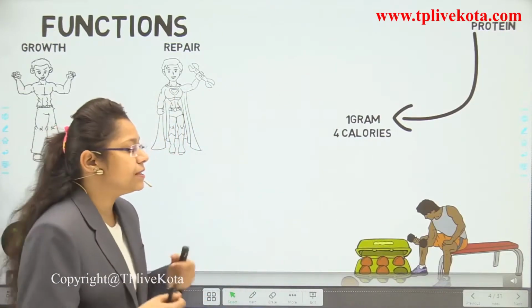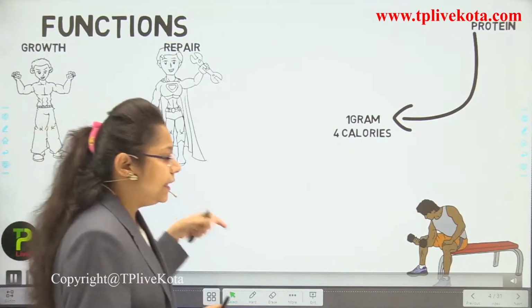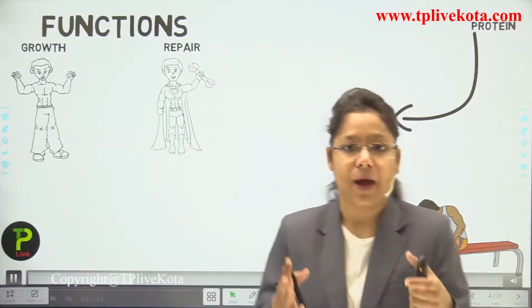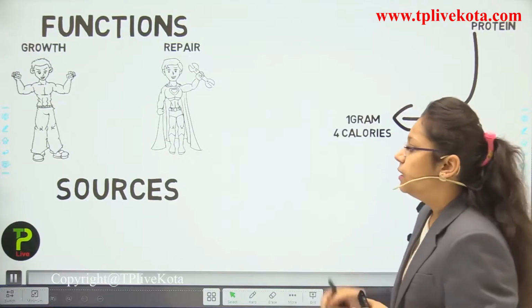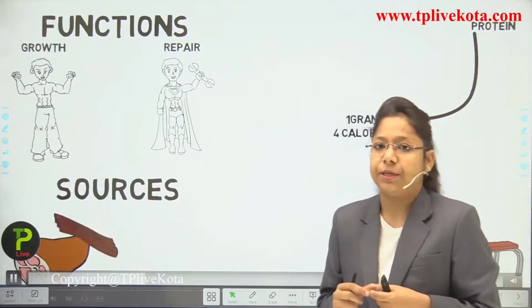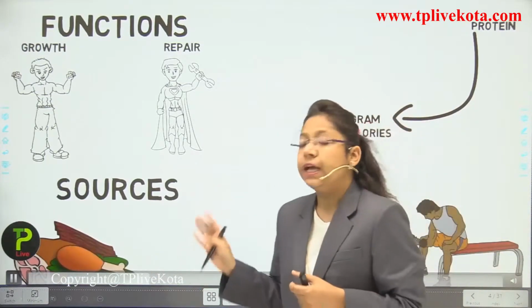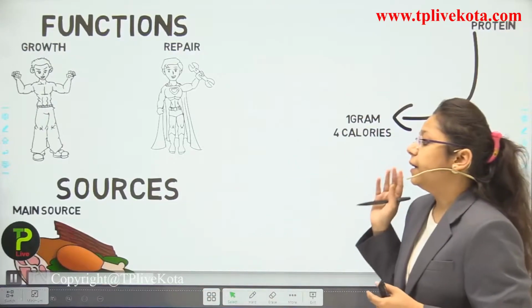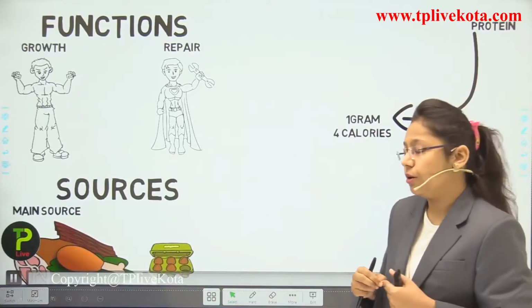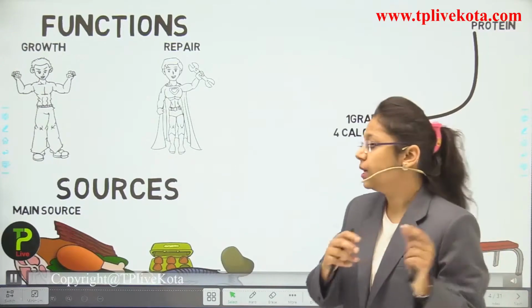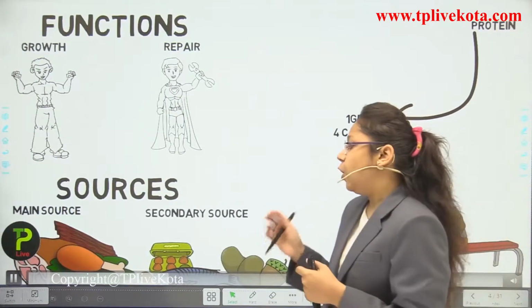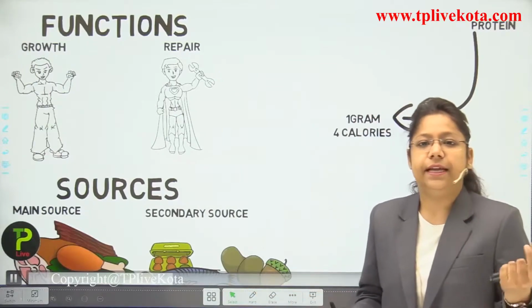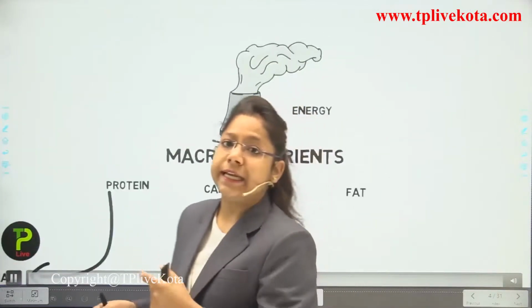If a person is doing gym, then he is going to take a proper amount of protein for the development of muscles. The sources of protein may be non-veg material like chicken and beef, which is the main source. But fish, nuts or eggs are counted as secondary sources.